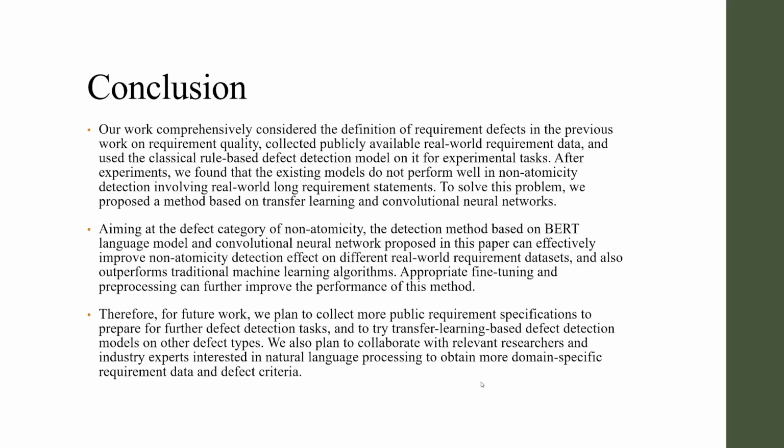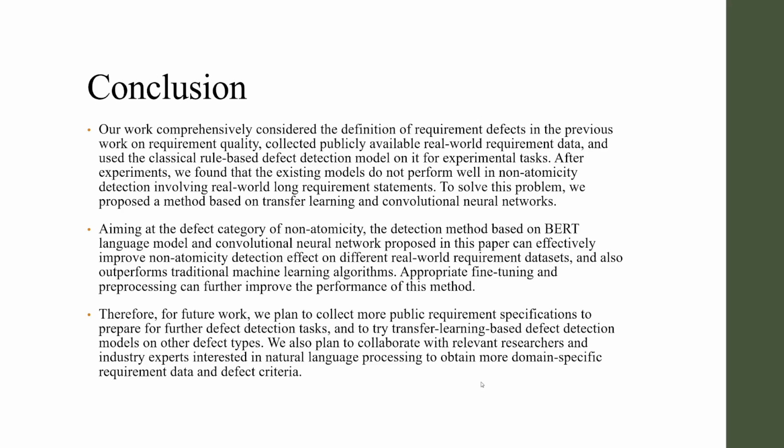Finally, for the conclusion, our work comprehensively considered the definition of requirement defects in previous work on requirement quality, collected a publicly available real-world requirement dataset, and used classical rule-based defect detection models on it for experimental tasks. After experiments, we found that the existing models do not perform well in atomicity detection involving real-world long requirement statements.